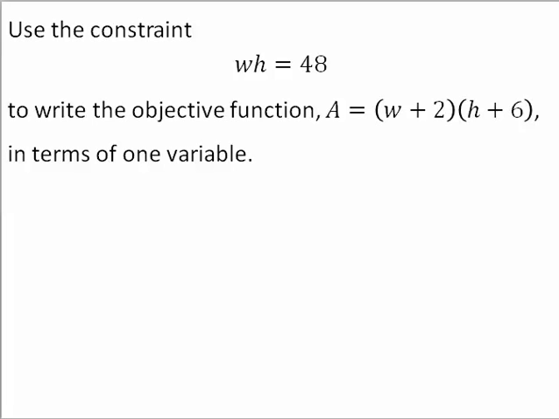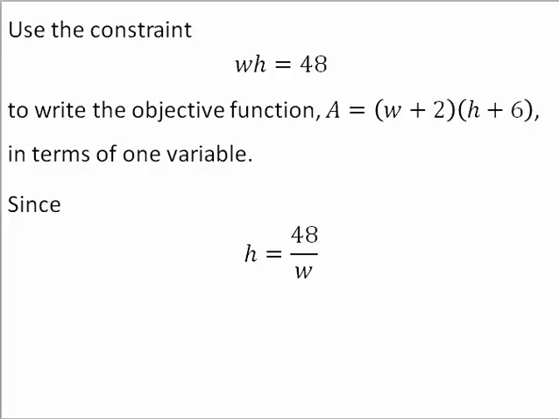We use the constraint to write the objective function in terms of one variable. You can either write H in terms of W or W in terms of H. It really doesn't matter. I'm doing it this way.